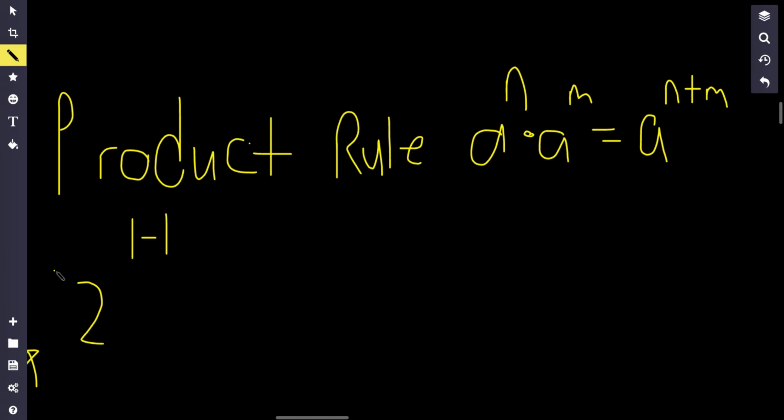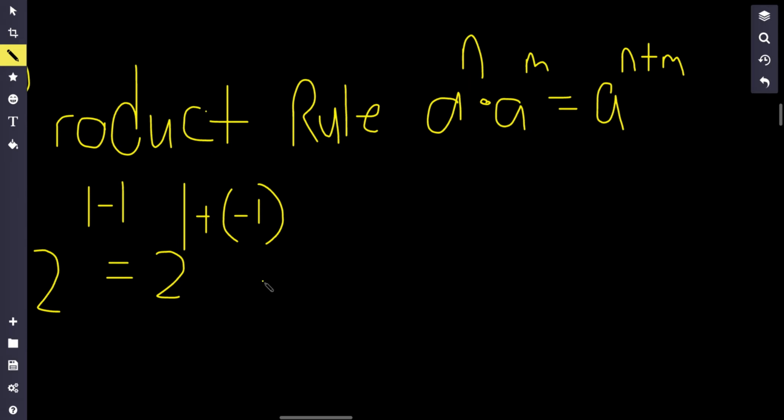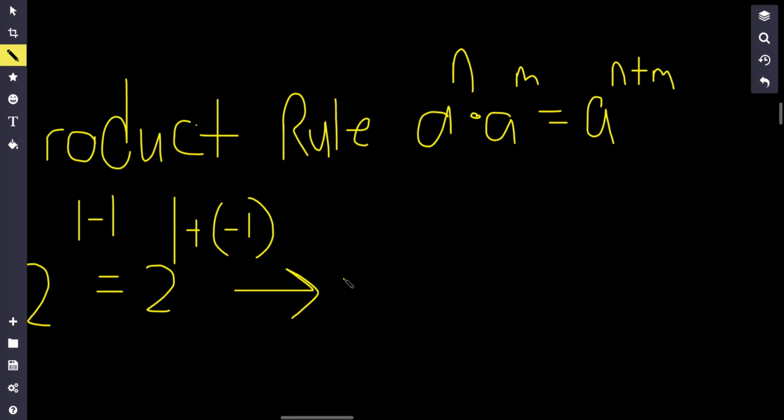So in this case, we can rewrite 2 to the 1 minus 1 as 2 to the 1 plus negative 1. This is still the same thing. And now we can use the product rule. We can say that this is equal to 2 to the 1 power times 2 to the negative 1 power. 2 to the first exponent times 2 to the other exponent.